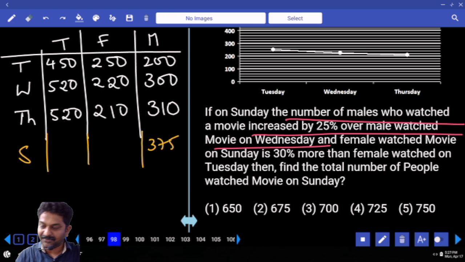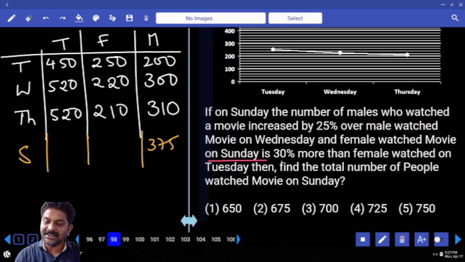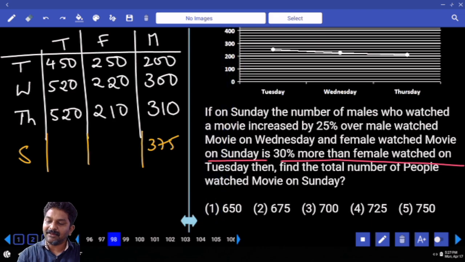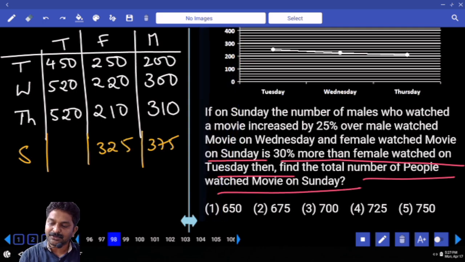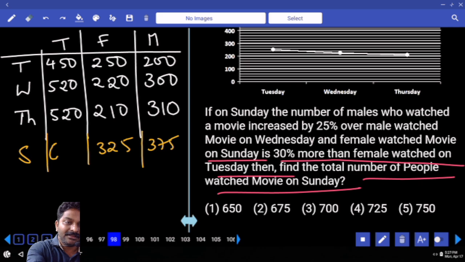Increased 375. Female watched movie on Sunday is 30% more than female watched on Tuesday. Female watched on Tuesday 250. That value should increase by 30%, which is 75 more, which is 325. Find the total number of people watched movie on Sunday. 325, 375. Answer 700.